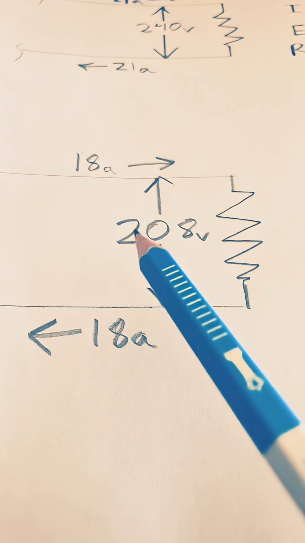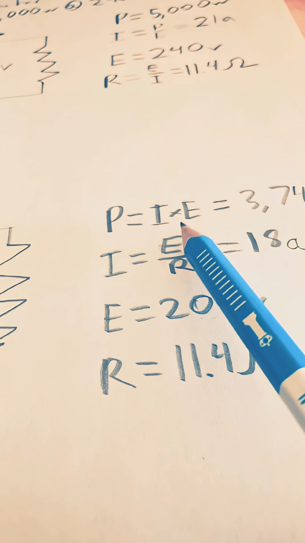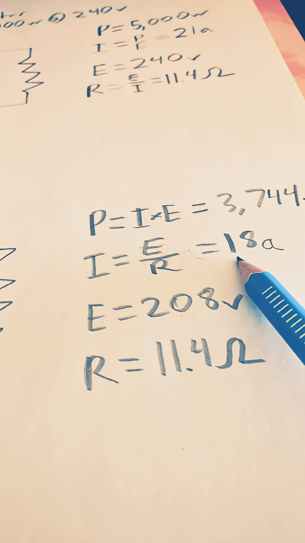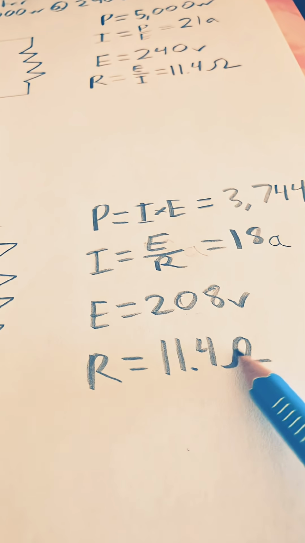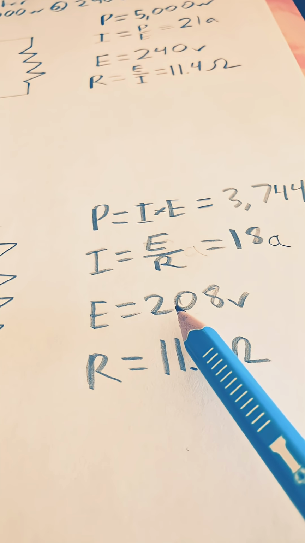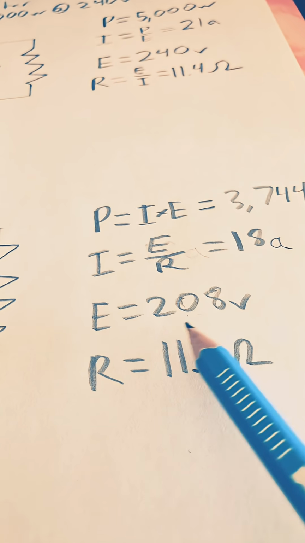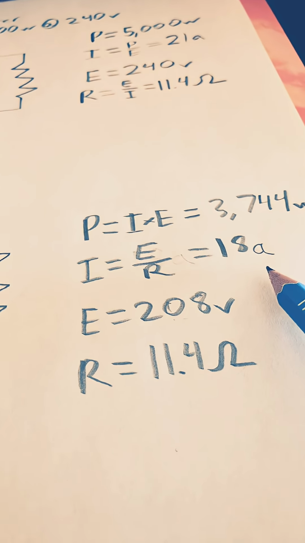When that same heater is connected across 208 volts, it pulls 18 amperes because P equals I times E. We found I by knowing that the resistance is 11.4 ohms. So we know that I is going to be E divided by R, which is 208 divided by 11.4 ohms, which equals 18 amperes.